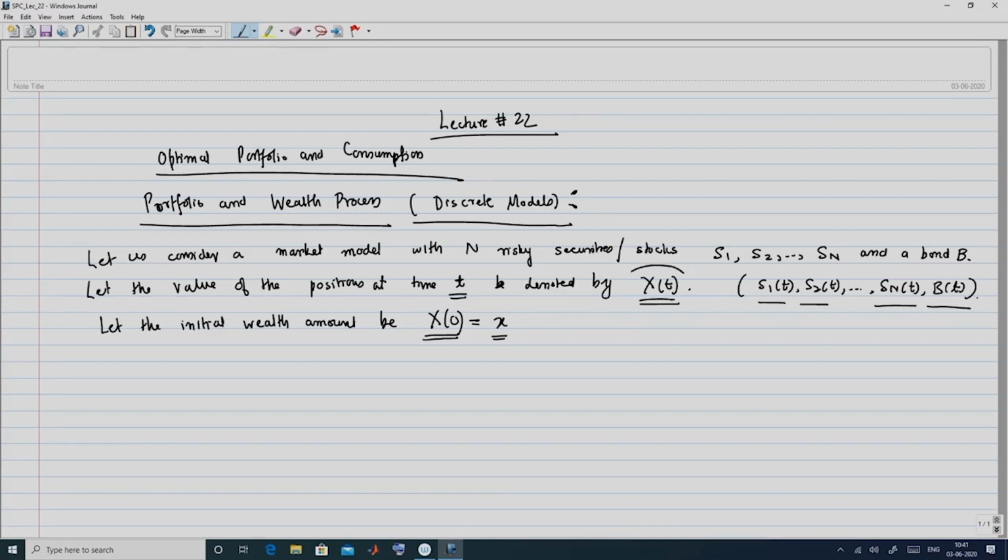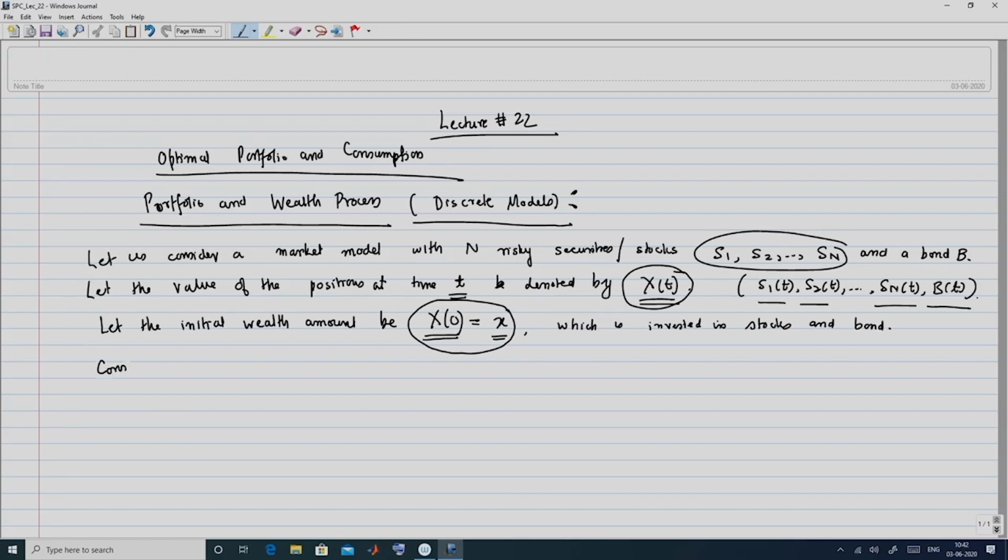So, let us now focus on what is going to be my wealth process x of t, subject to us having started off with the initial amount to be invested as being some little x. And this initial amount is invested in the n number of stocks and bond.